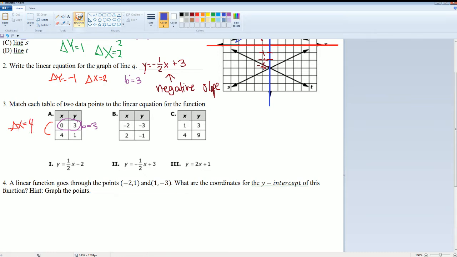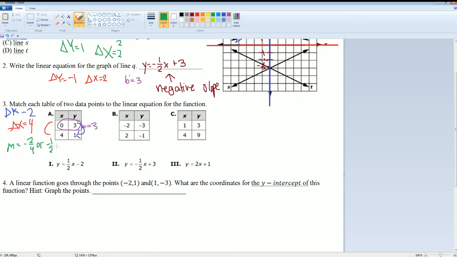Then our delta y goes from 3 to 1. You subtract 2. So here, the slope would be -2 over 4, or you can simplify that to -1/2.